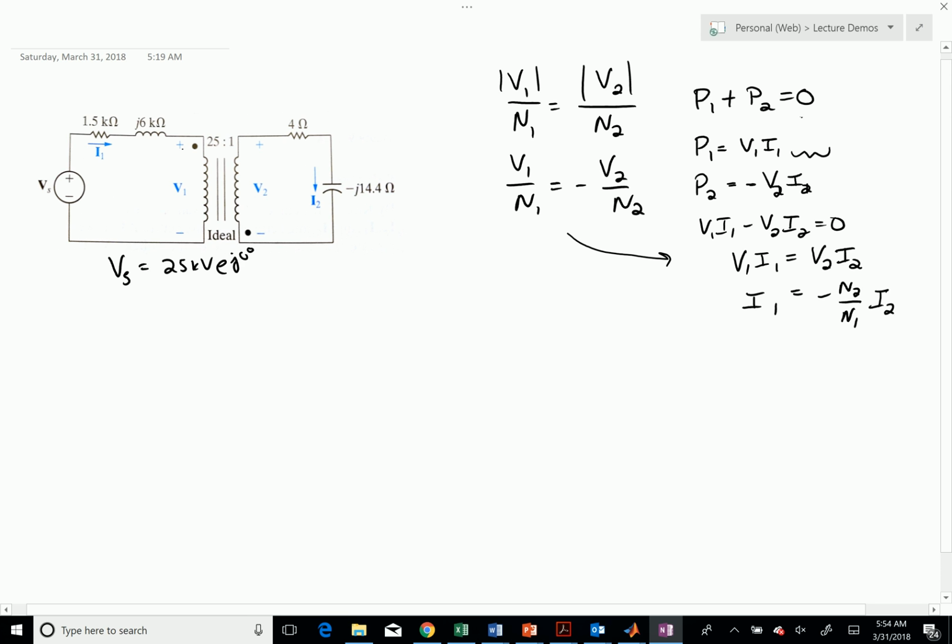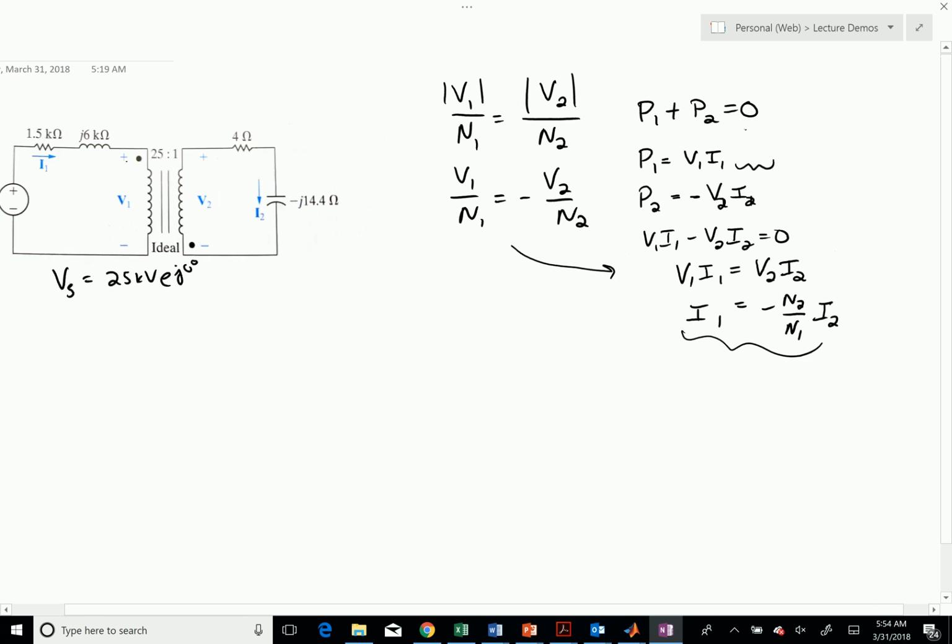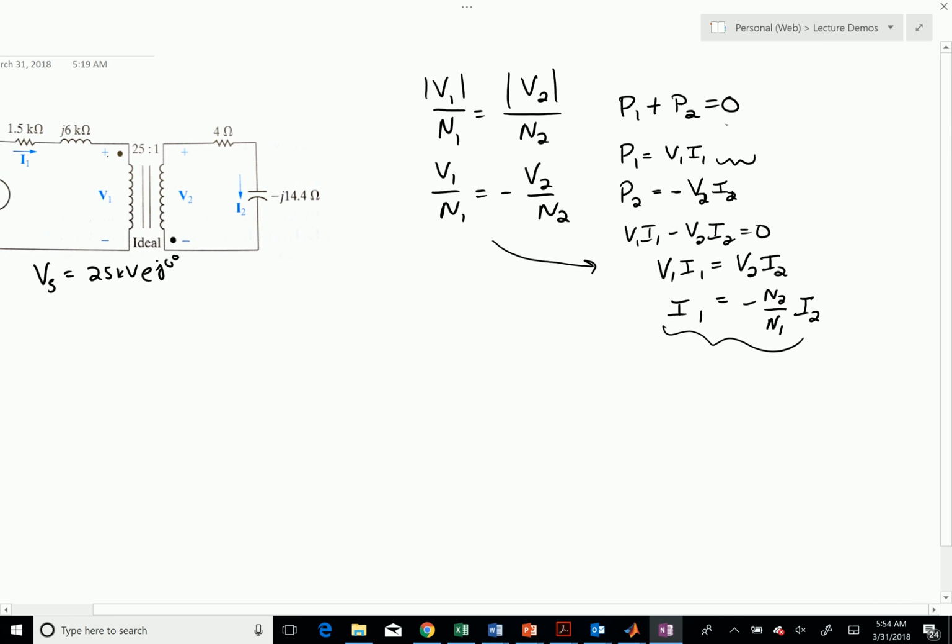So notice that a negative sign has appeared here. One thing I can also always add to my truths is that the magnitude of I1 equals N2 over N1 times the magnitude of I2.